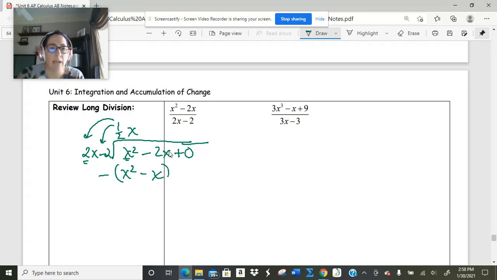Then I subtract everything in here. So x squared minus x squared is 0, which it should be, or we did something wrong. Negative 2x minus an x would be negative 2x plus x. Okay. Oops. Yeah, plus x.